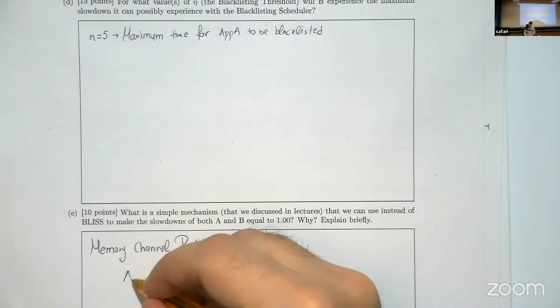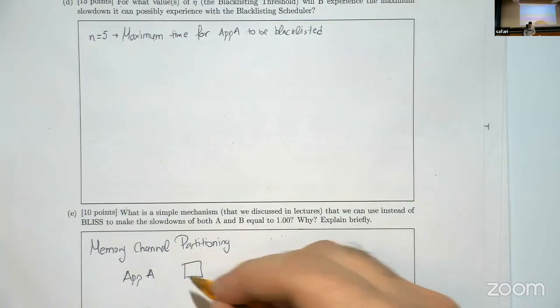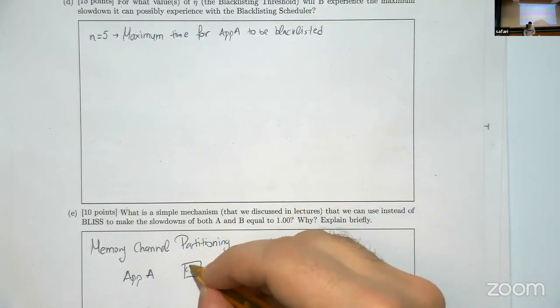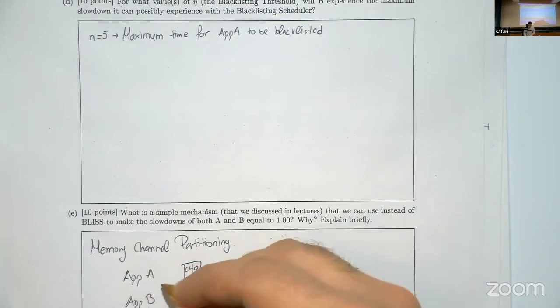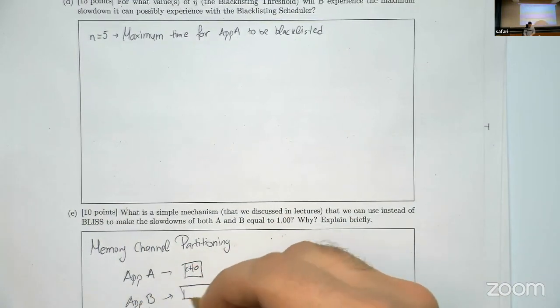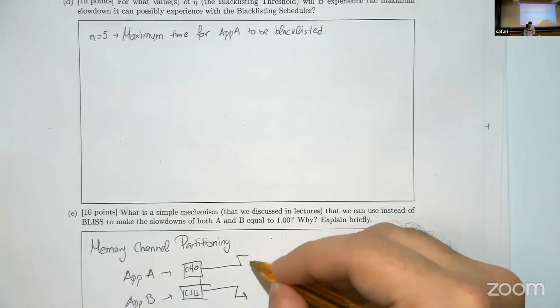In this way, app A here has access to channel 0, app B has access to channel 1, and these go to different modules, let's say.